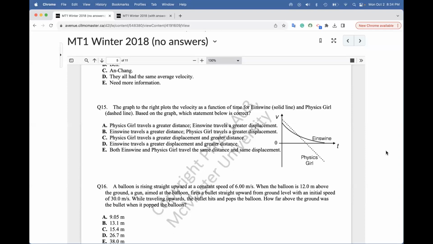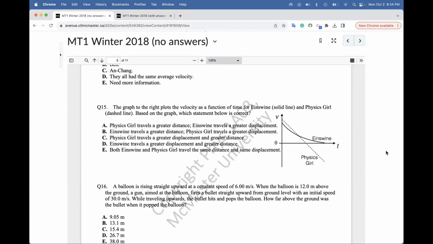A greater distance. Let me just confirm. I think that when doing displacement, how we kind of canceled out the area that physics girl traveled under the graph based on the positive and negative areas, and how we reached that conclusion that Einstein traveled a greater distance.